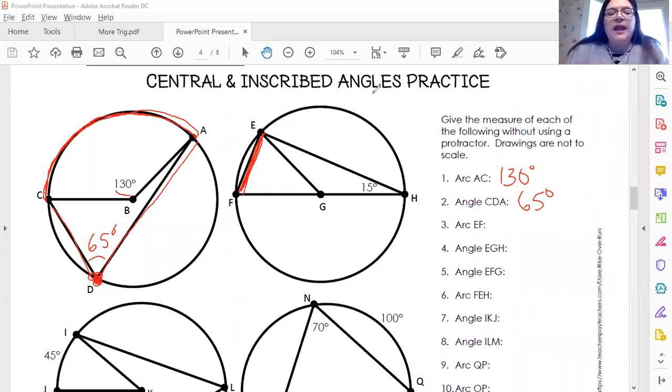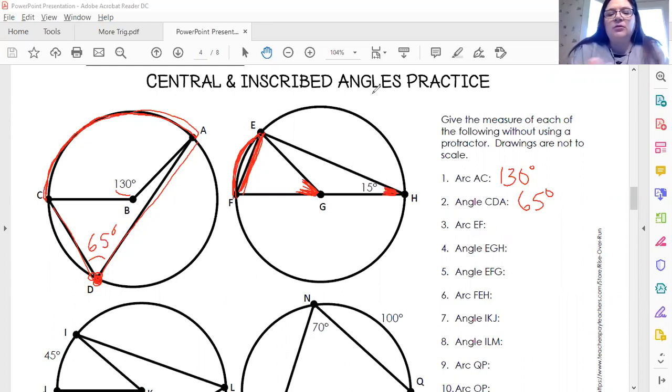This is a chord, and that means here's an arc between E and F. How do we know what the measure of that arc is? Well, here's the central angle right here, and we don't know the measure of that central angle. But here's the angle we do know the measure of.